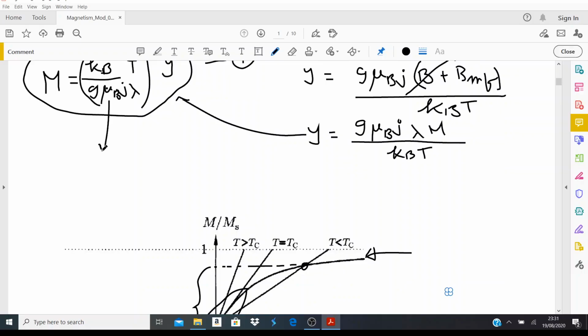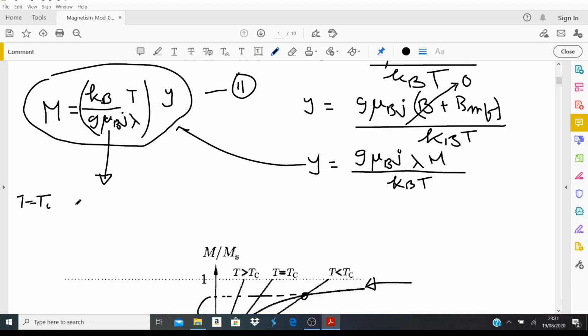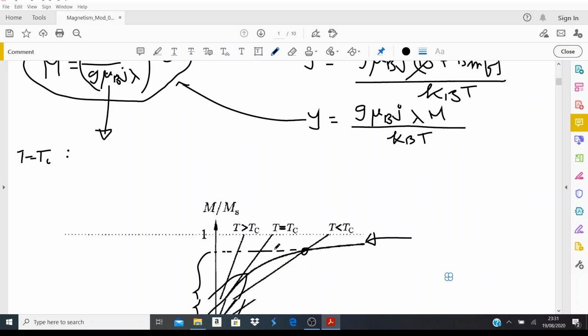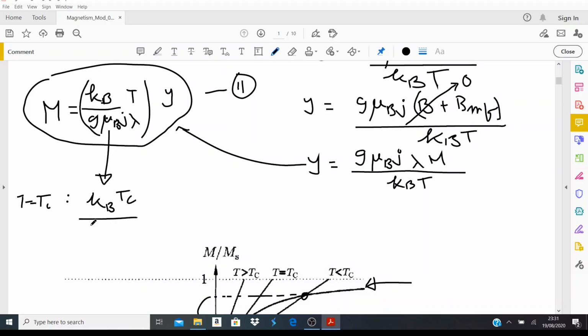From this equation, you can see that when T is equal to Tc, you replace this T by Tc. We want to understand what is the slope of this line. That's nothing but kB Tc g mu B J by lambda, right? So that's the value of the slope of this straight line.